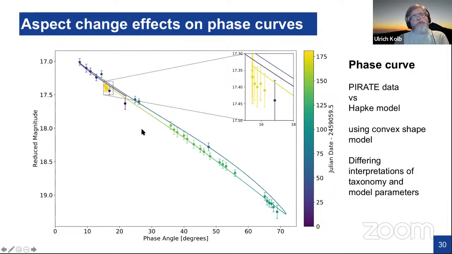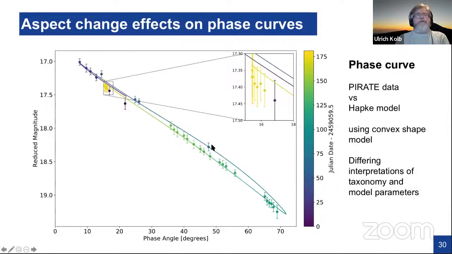And so what you can see from the shape model phase curve fit is that the different branches of the asteroid's apparition do not coincide. And there is in particular a very real visible offset between the branch when the asteroid is moving away in phase to when it returns.